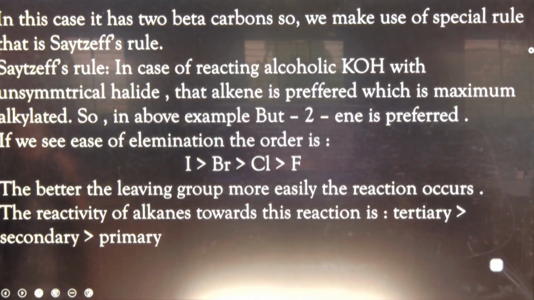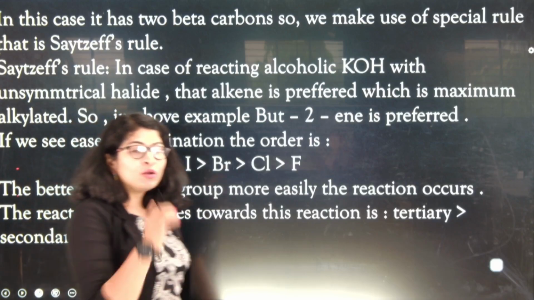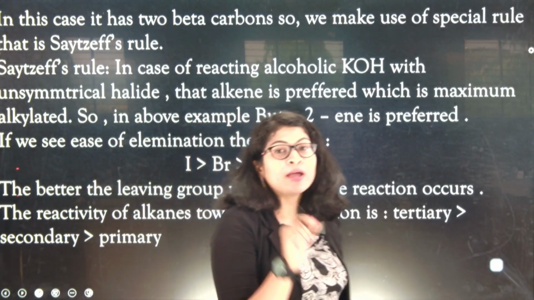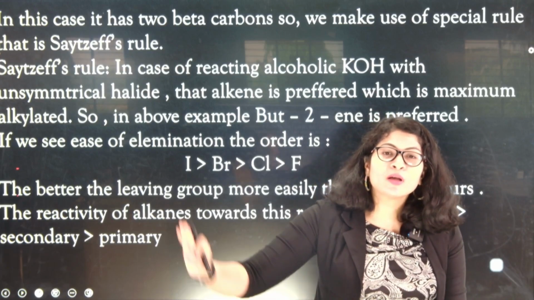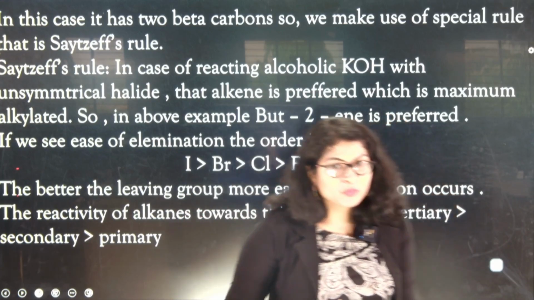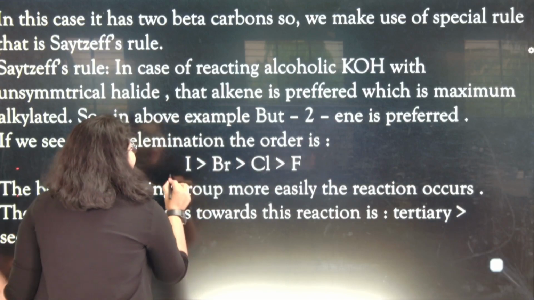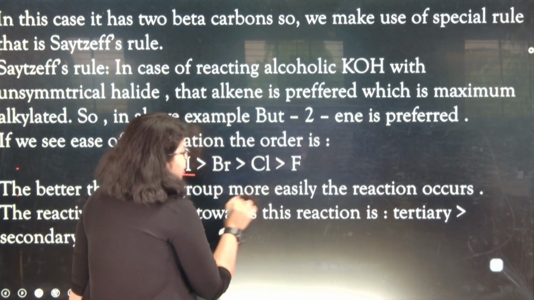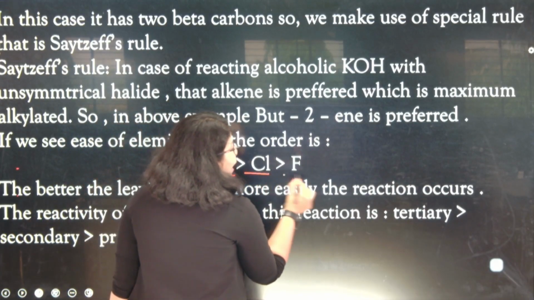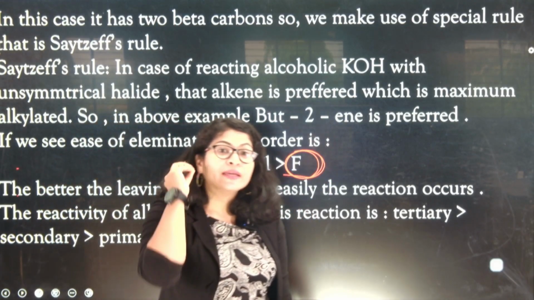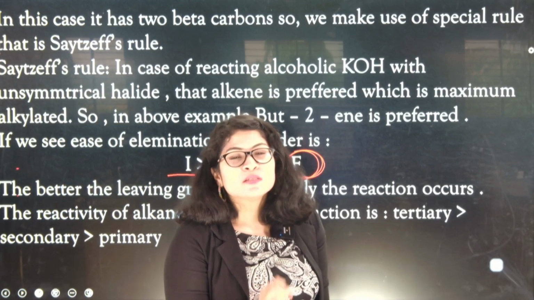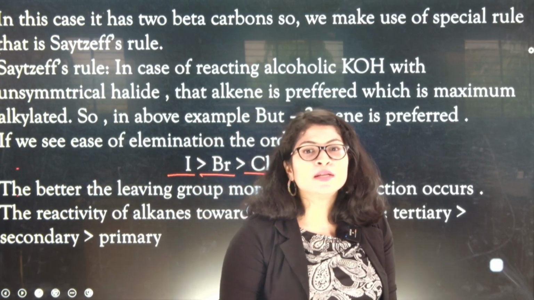Okay, so if we see the elimination order, always remember iodine is the best leaving group. Iodine tries to leave the compound very easily. So the order is iodine highest, followed by bromine, chlorine and fluorine. Fluorine, being smaller in size and highest in electronegativity, is the least interested in leaving the molecule.